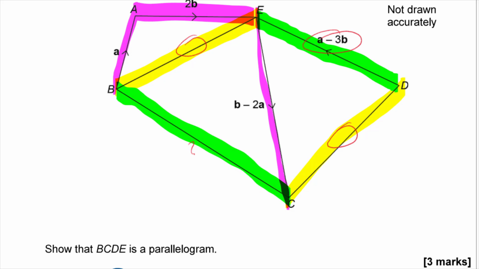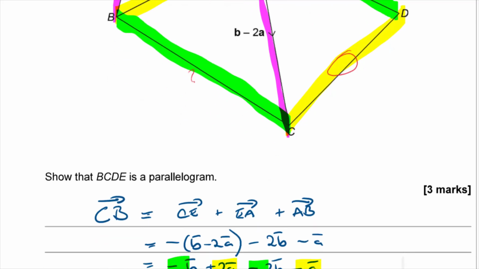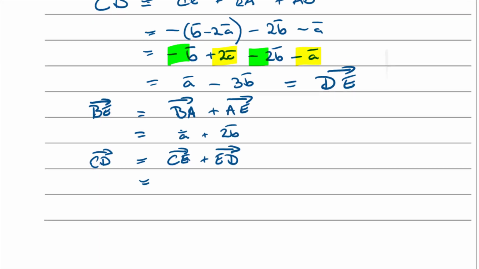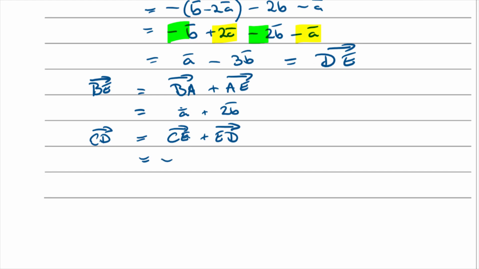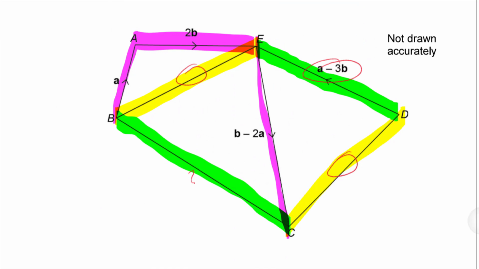Oh, it's going against the arrow, isn't it? So it's minus that. Minus B minus 2A. And then again, I'm going against the arrow of that one, so it's minus A minus 3B.